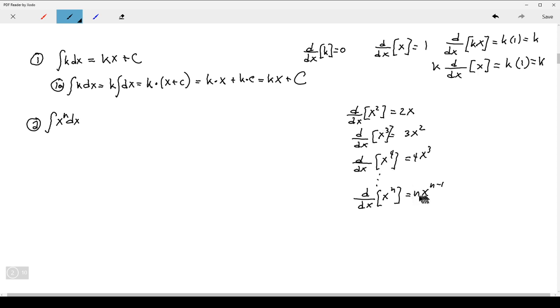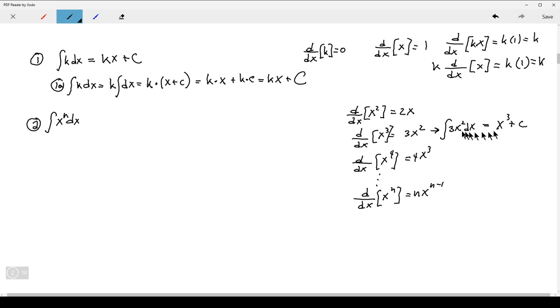So if I want to go from this side to this side, what would I need to do? Well, let's look at this. We already know what that is. Let me go here because it's a little easier to see what we're doing. If I want to take the antiderivative of 3x squared dx, and I want that to equal x to the third plus c, I'm worried about the x to the third part here.